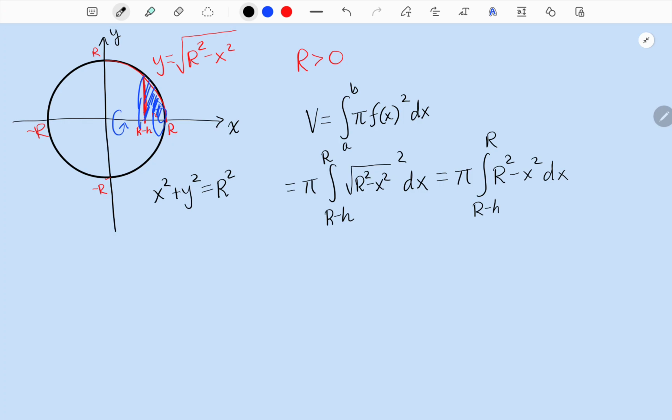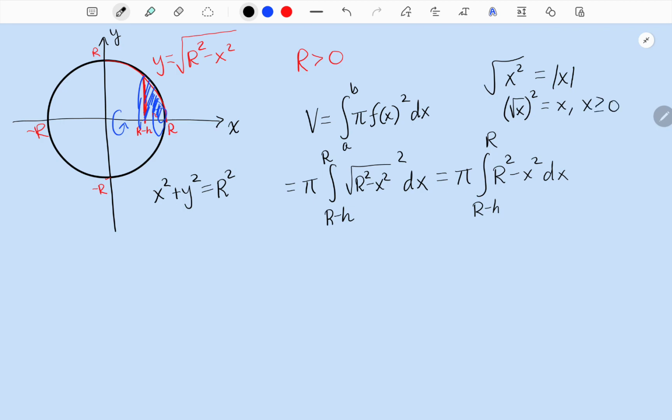Just be careful: if you square first and then square root, this is the absolute value of x. If you square root first and then square, this is equal to x, but x has to be greater than or equal to 0.